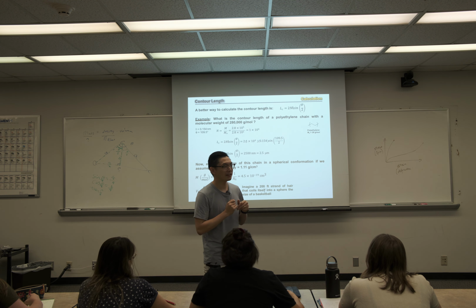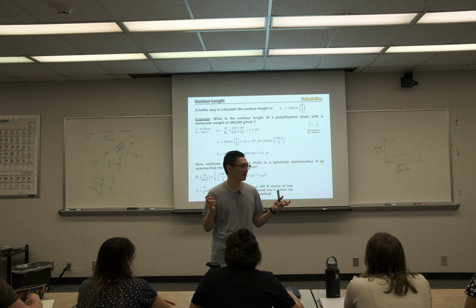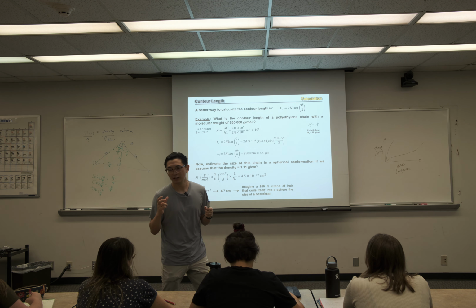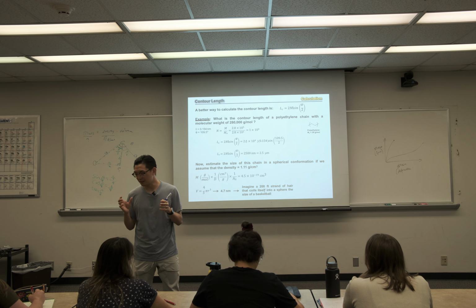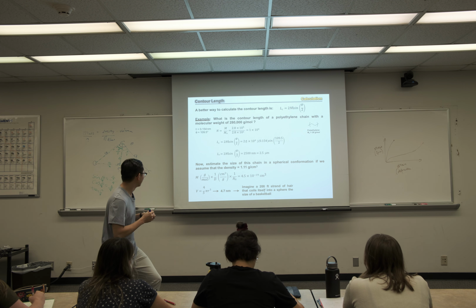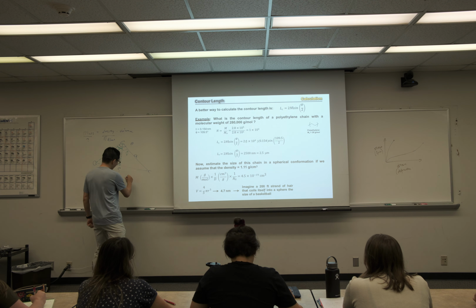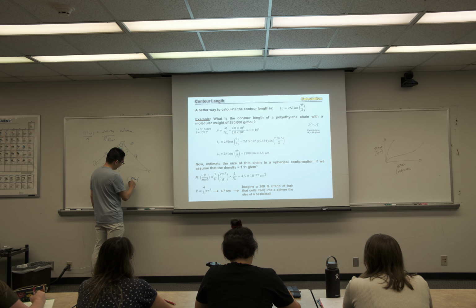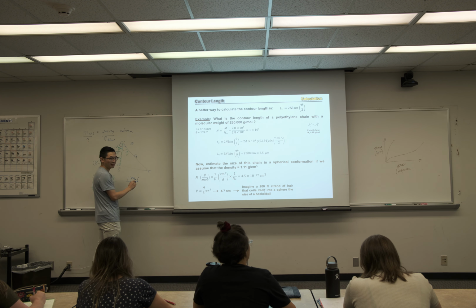So does everybody understand the definition of a mole? Some of you may not know. One mole is basically a quantity. And how big is one mole? It's huge. One mole is a counting unit.